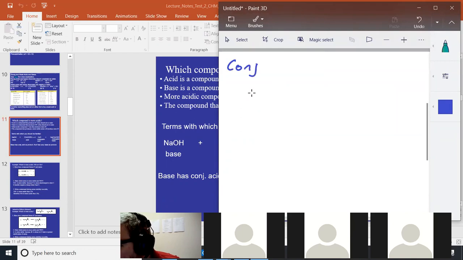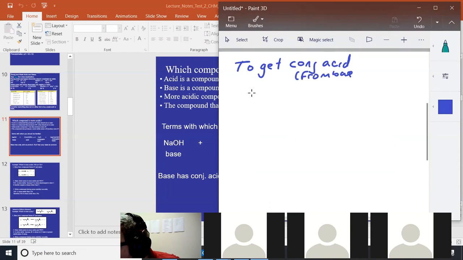So to get a conjugate acid, actually let's change that. And this will always be from a base. Simply add H plus to it.